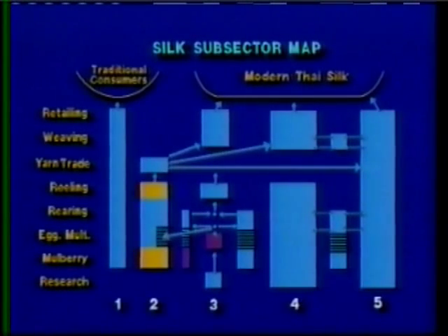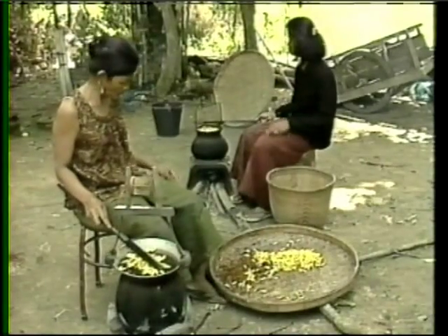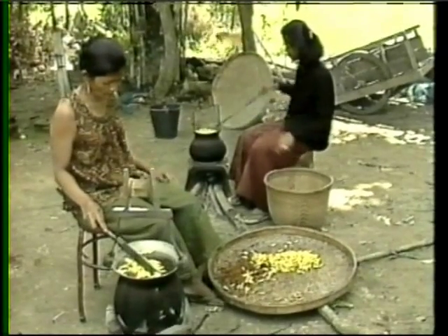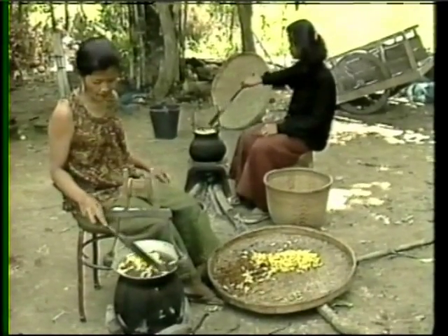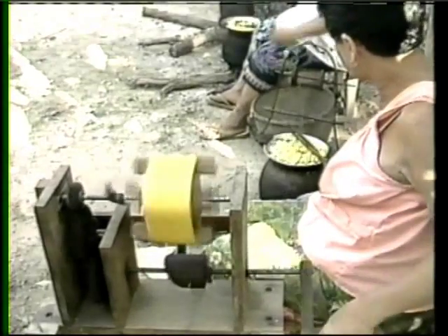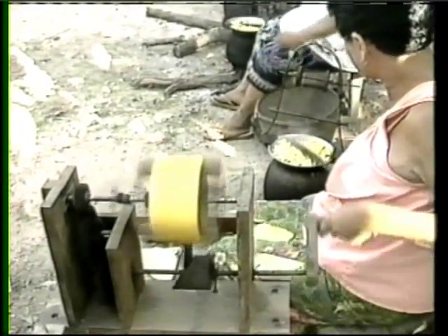And third, village yarn producers face severe time constraints in trying to reel expanded output within the 4 days before the cocoons hatch. To overcome the reeling constraint, village yarn producers need improved reeling sets.